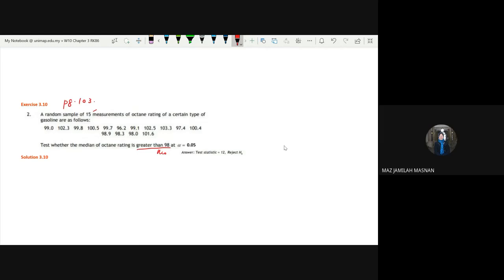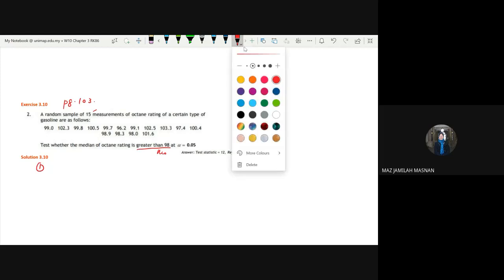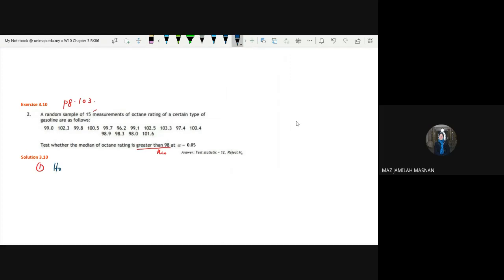Begin with your first step. That will be your hypothesis statement. So your null would be median is equal to 98. Alternative, median is greater than 98.